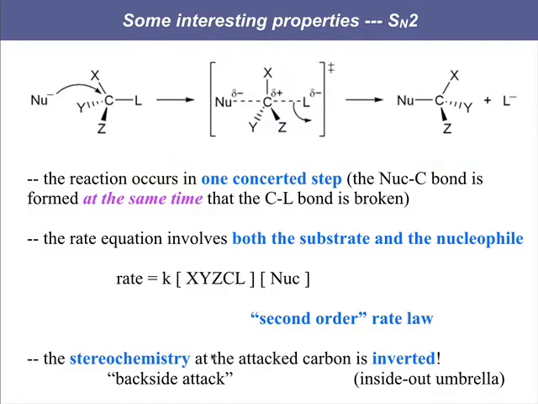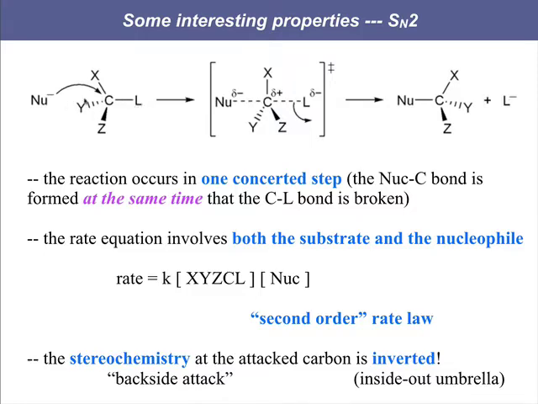Another important feature, and this is a really important feature in fact, is that the stereochemistry at the attacked carbon is inverted. We said that this nucleophile adds by what we call backside attack. It attacks the carbon from the backside of the leaving group bond.